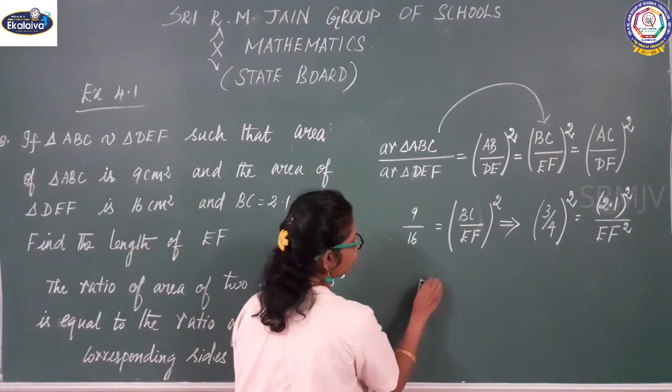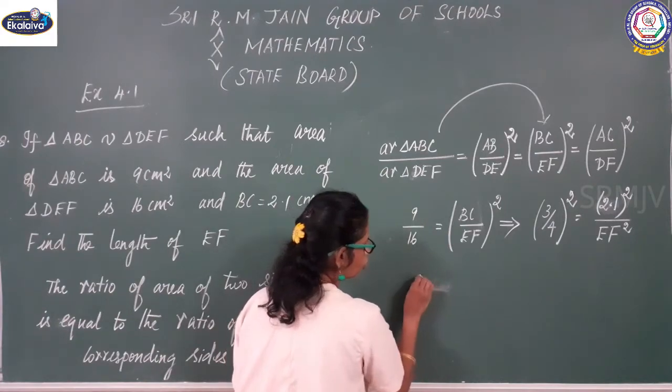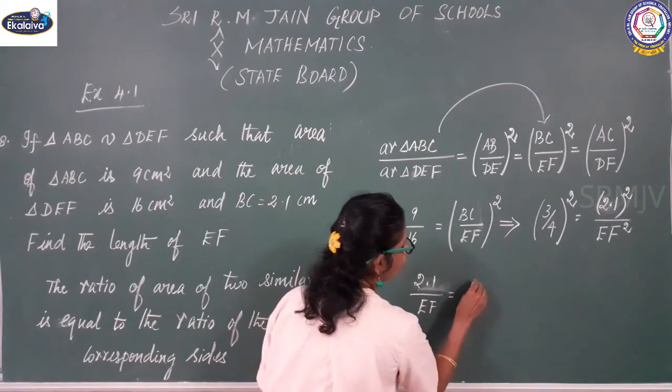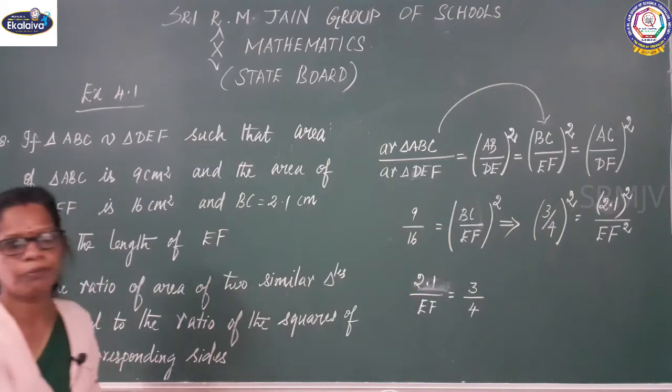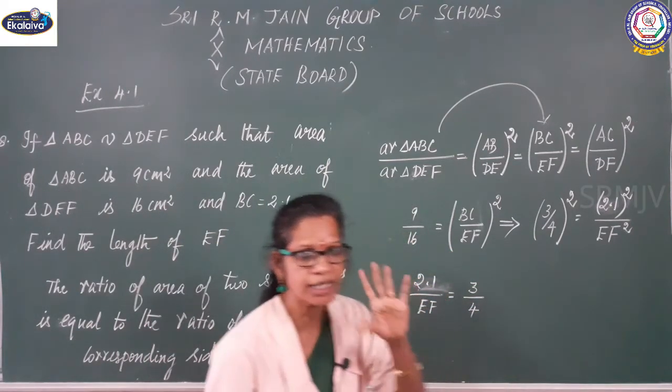2.1 divided by EF equal to 3 divided by 4. Both the sides have square, so you can cancel, that is possible.